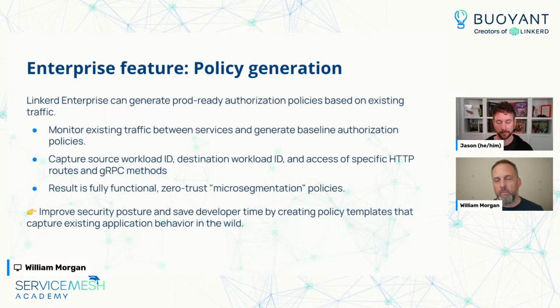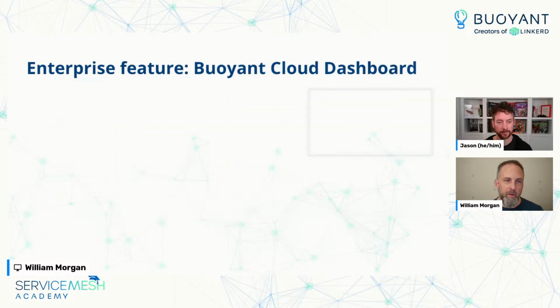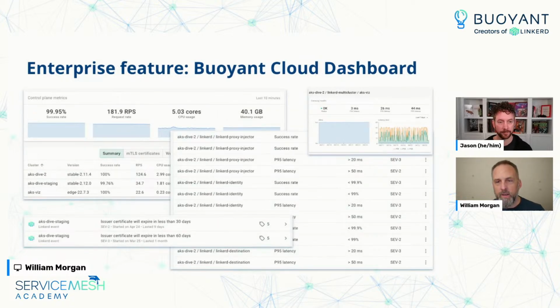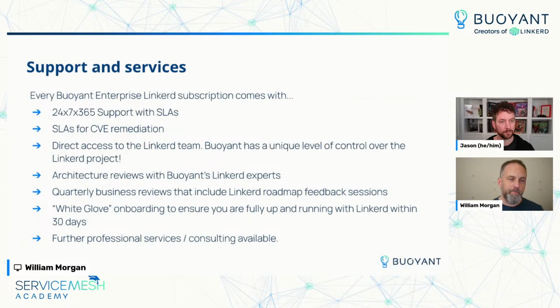Linkerd's policy mechanisms are so expressive and so rich, but getting started can be non-trivial. And of course, you get all the enterprise features of Buoyant Cloud, which range from health monitoring and alerting and proactive warnings to security policy analysis and things like that. Support services. If you're paying us the big bucks for Linkerd Enterprise, we're with you, and we're going to make sure this thing works for you. That's the relationship we're talking about here.